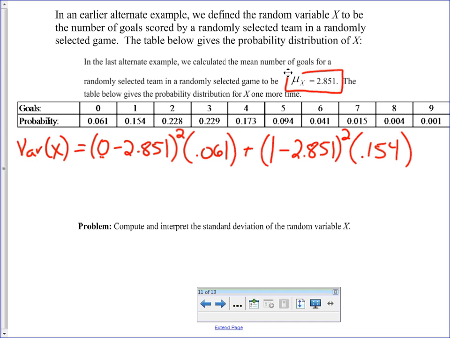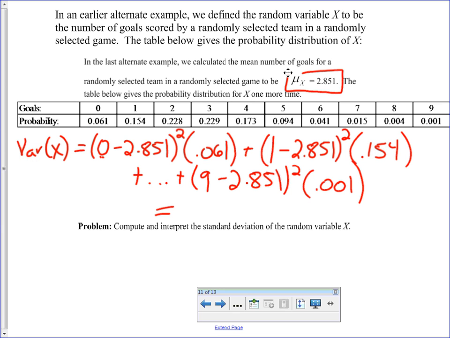And this is where it really pays off to do the plus ... plus 9 minus 2.851 squared times the probability of that occurring.